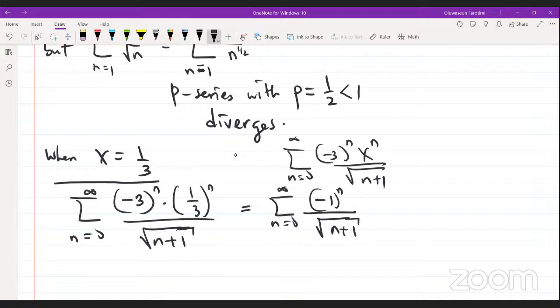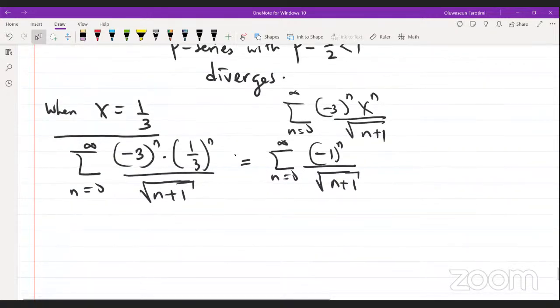Now, you need a series test to determine whether this converges or diverges. Which one comes in handy? The alternating series test, okay? So I can just say, let b_n equal this.